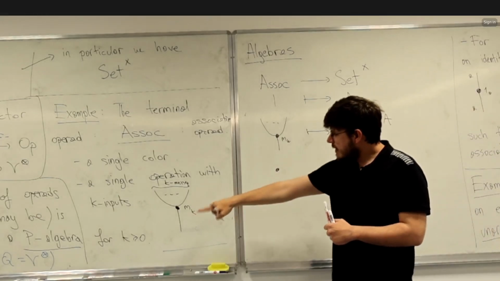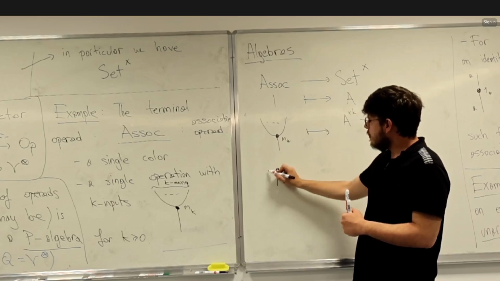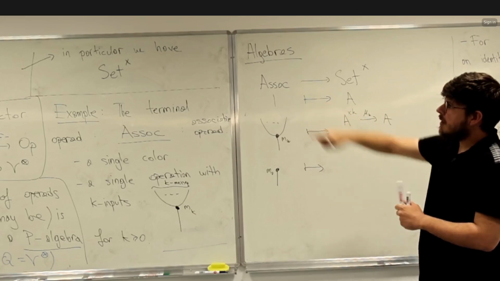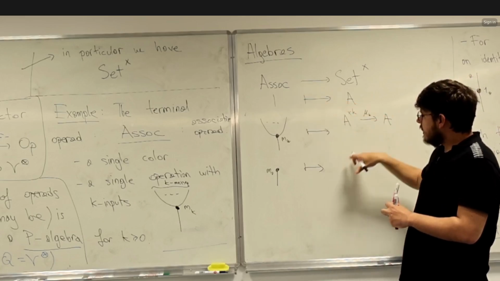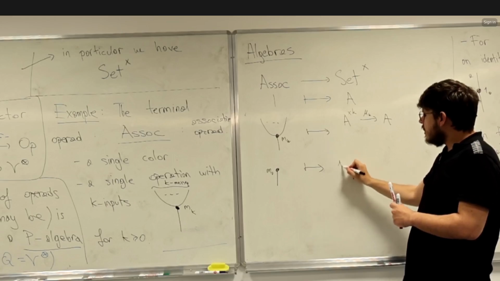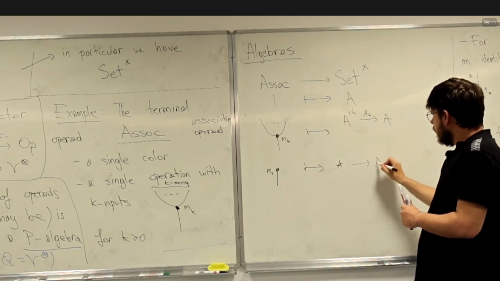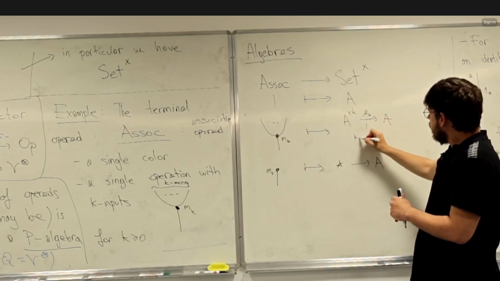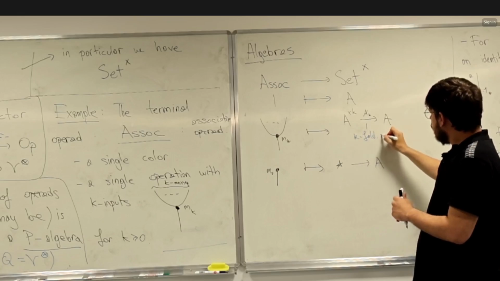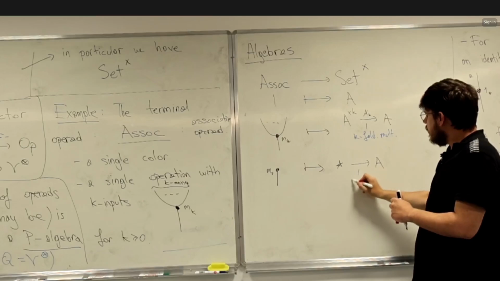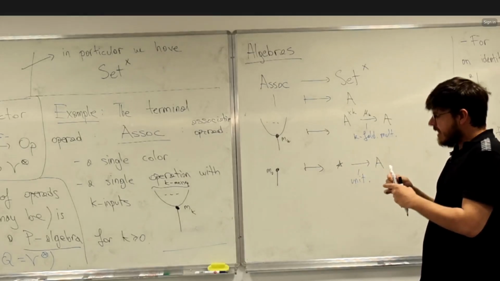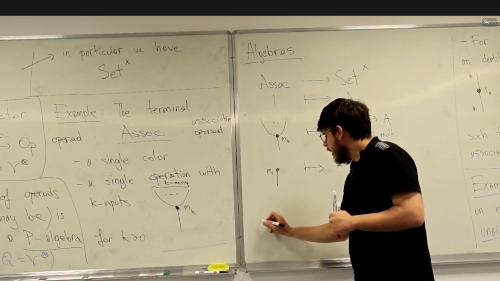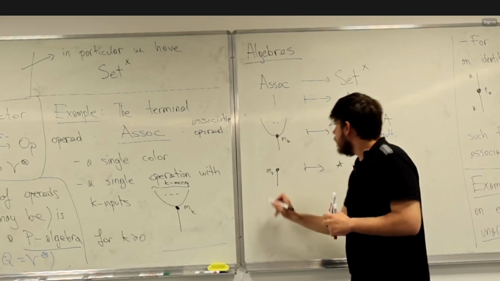Well, if k is equal to 0, we have this operation, m_0, and according to the prescription there, we interpret this as a map from the monoidal unit, which is just the single element set. So this is k-fold multiplication, and this is unit. And saying that this is a morphism of operads is the same thing as saying A is a monoid.